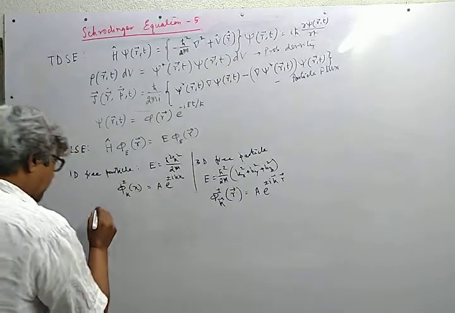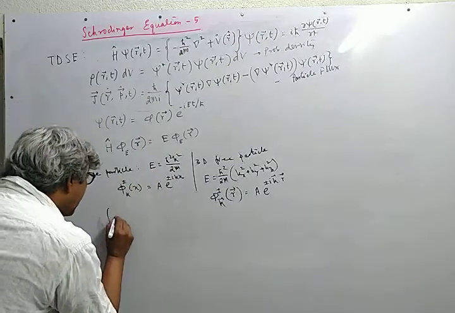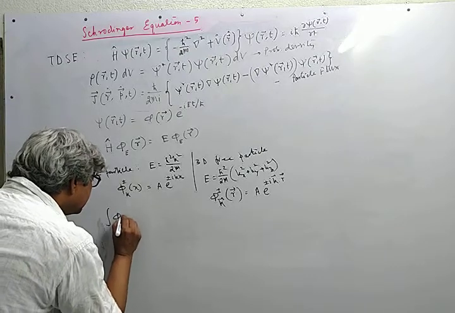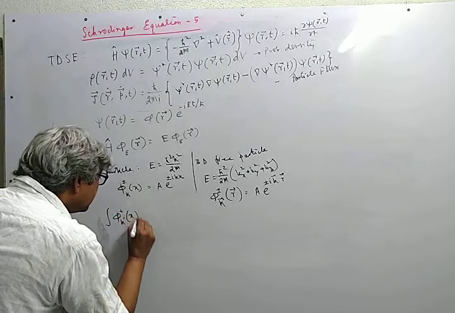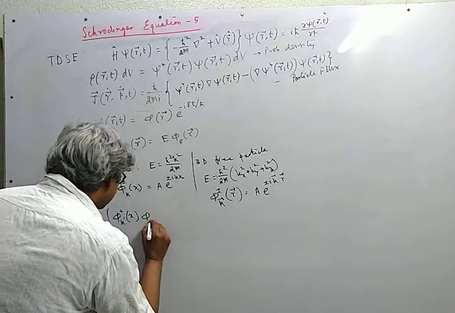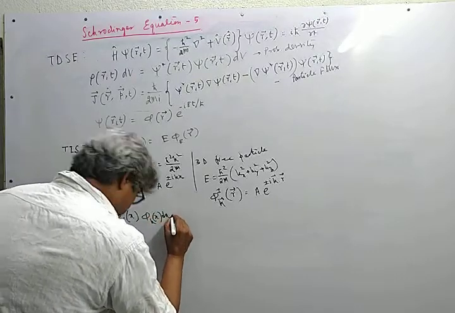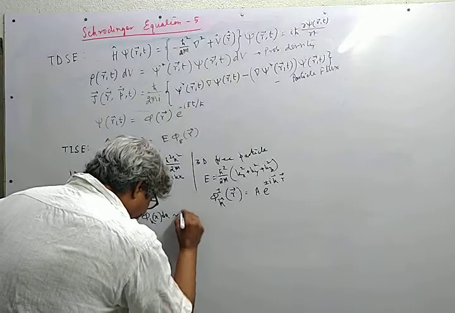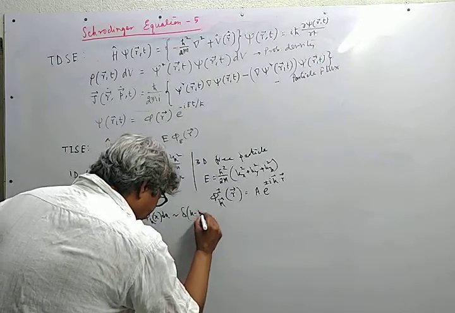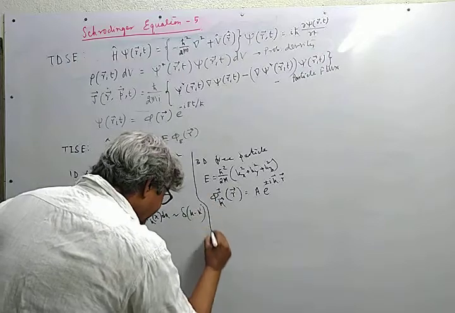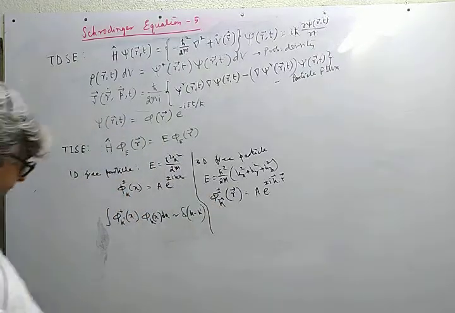So the orthogonality condition here reads as this, where this is the delta function in 1D.